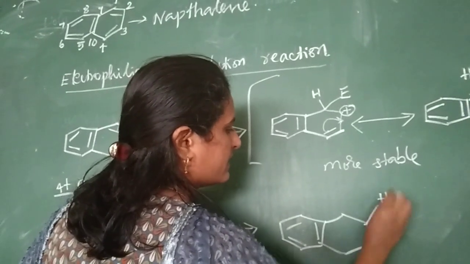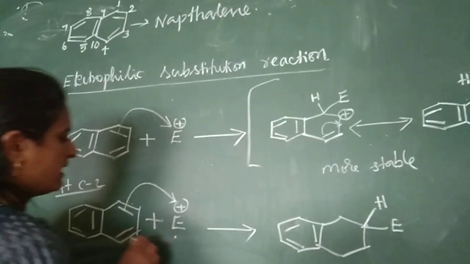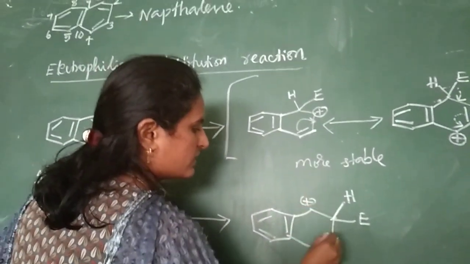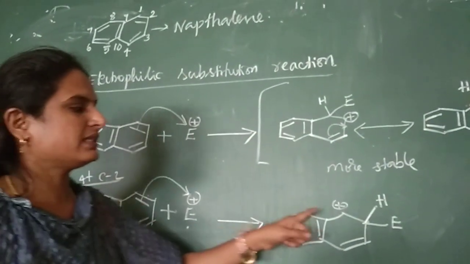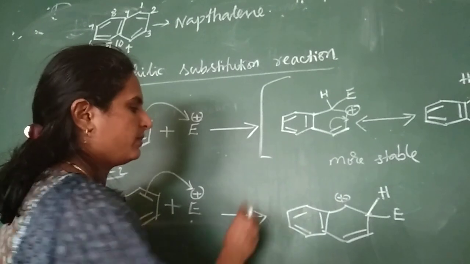Hydrogen atom already exists, the electrophile comes here. Then here it shows the positive charge because of deficiency of electrons.